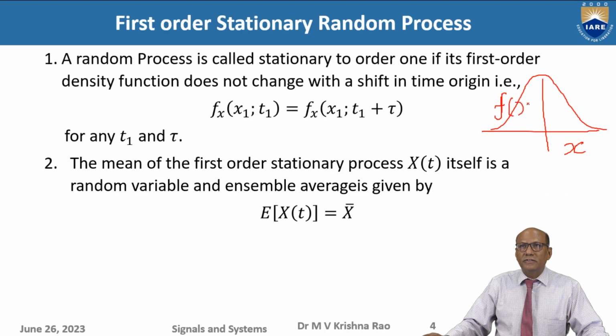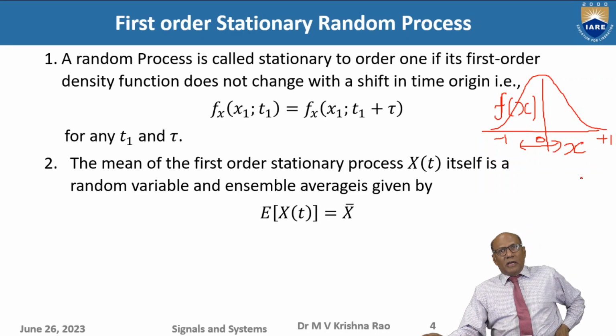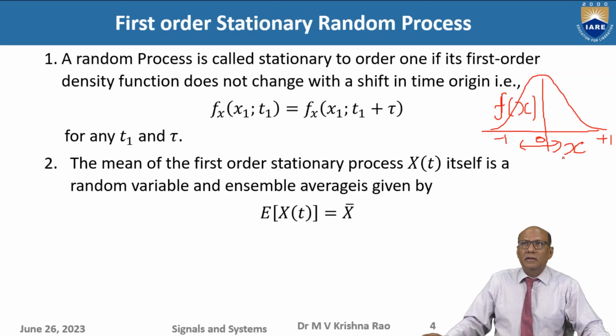So f is nothing but the probability density function. This is the random variable, which takes values from 0 towards plus and towards minus. Sometimes there may not be minus, it is always positive or only one-sided. That means the random signal may be bipolar or unipolar. In this case, it is a bipolar signal.